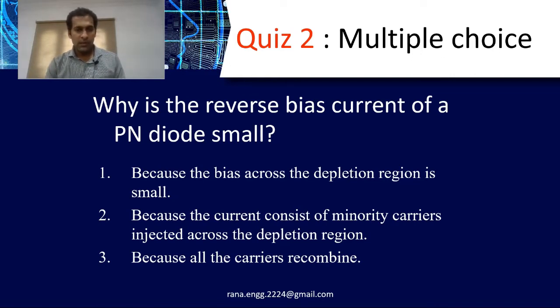What is reverse bias? How do we get current? What is the depletion region? Do we get any conduction in the depletion region? No, there are immobile ions. Do we get it because the current consists of minority carriers who can cross the barrier? Your time is up.